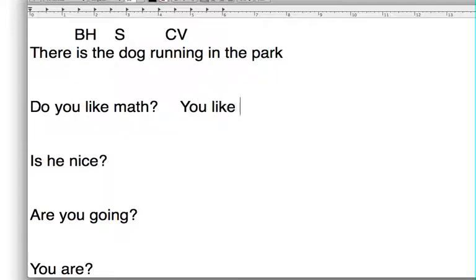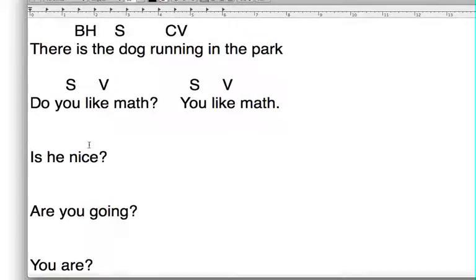You like math, right? In this one, it's easy to see the subject is you. What do you like, right? Do you like math? So the subject here is still going to be you, and the verb is still going to be like.